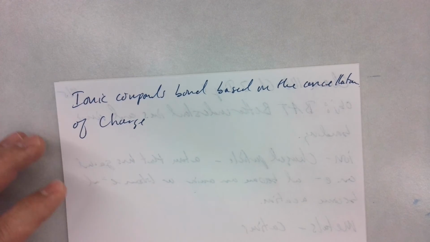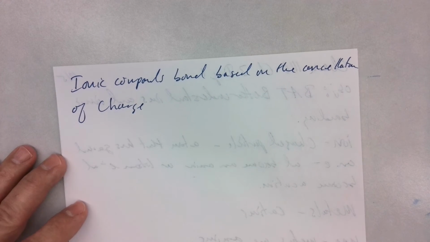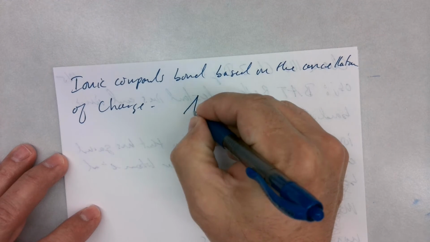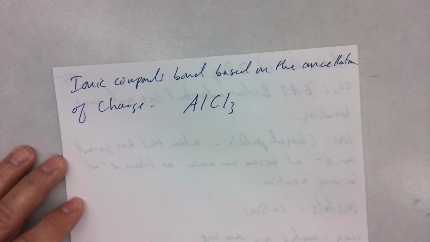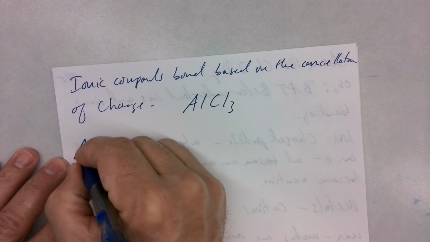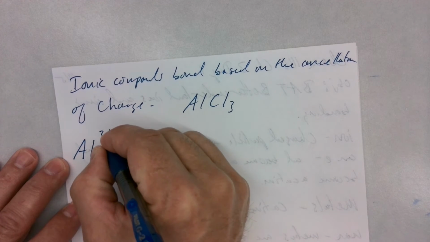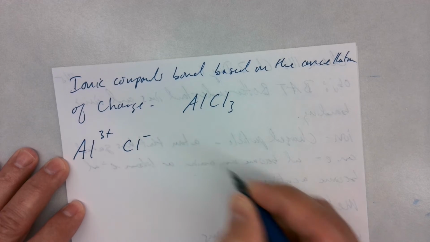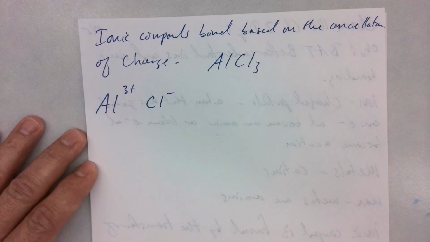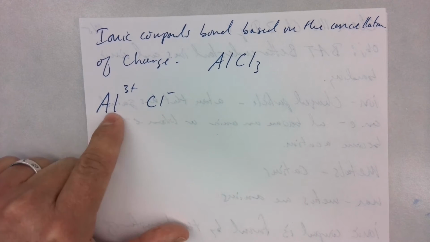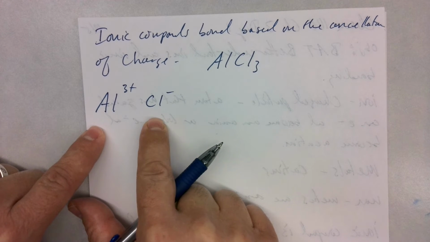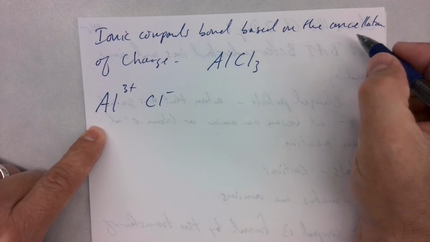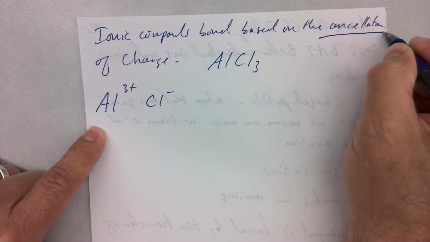What that means is this. If I go back and look at my AlCl3, we started with Al3 positive and Cl negative. In order for these to get together, the charges must cancel out. What do you think that means? Anybody know?